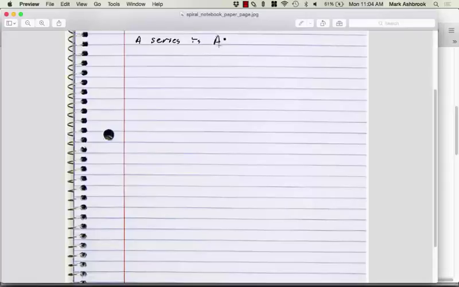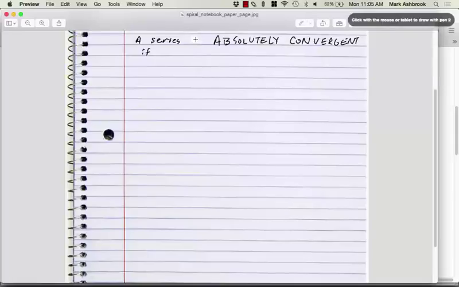And that brings up the idea of absolute convergence. So a series is absolutely convergent if, I should have said, a series doesn't need to alternate in order to converge.